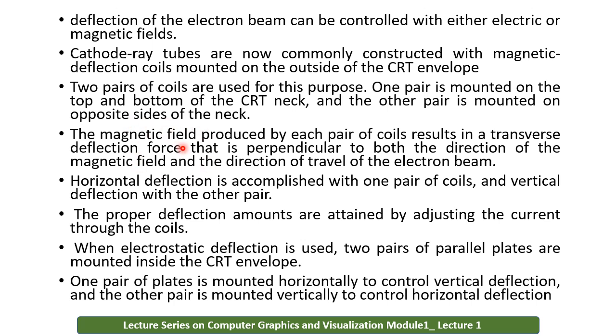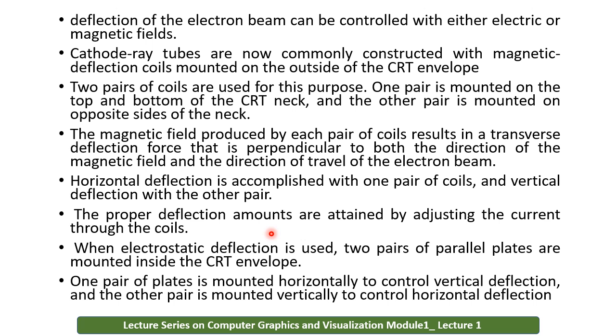The magnetic field produced by each pair of coils results in a transverse deflection force that is perpendicular to both the direction of the magnetic field and the direction of travel of the electron beam. Horizontal deflection is accomplished with one pair of coils, and vertical deflection with the other pair.